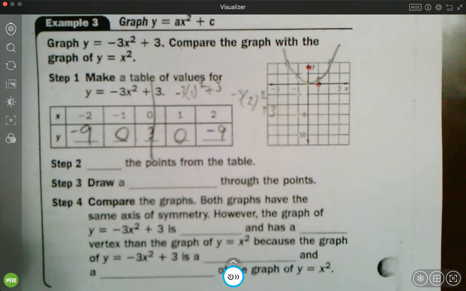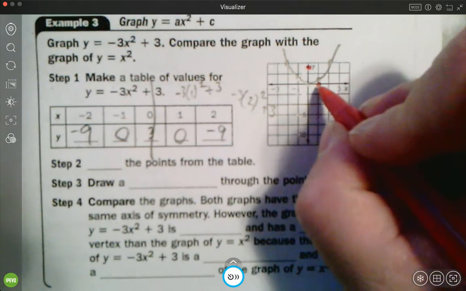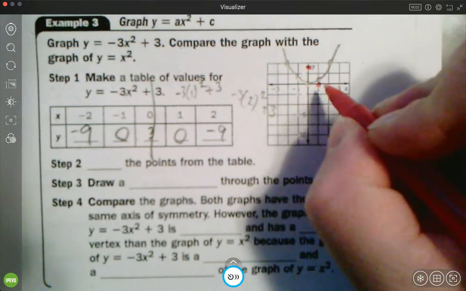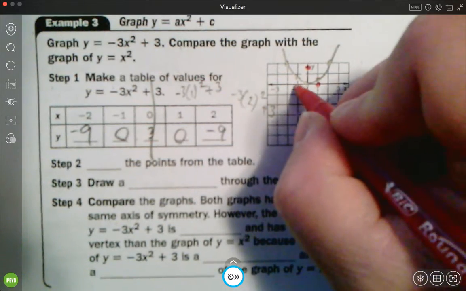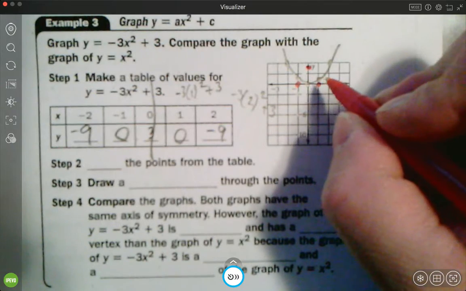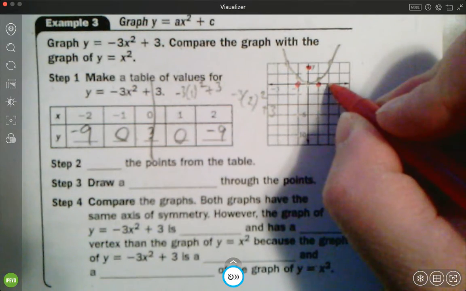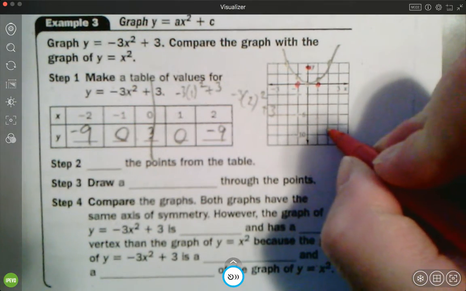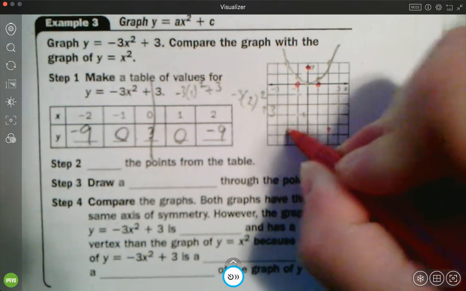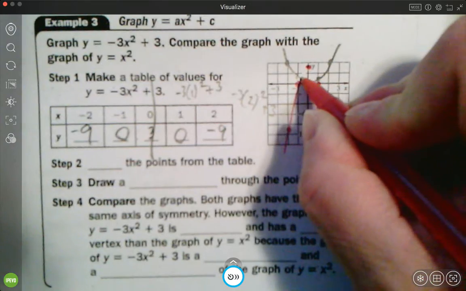I kind of want to show you something, but I don't want to go into it. So wherever it crosses the x-axis, like we've said in the past, is one of the solutions. So then (negative 1, 0) here. I'm so tempted to show you. I might show you. And then we have (2, negative 9), which is right about here. And then we just go over to here, and then draw our smooth curve.